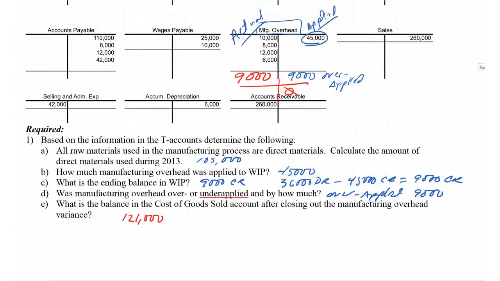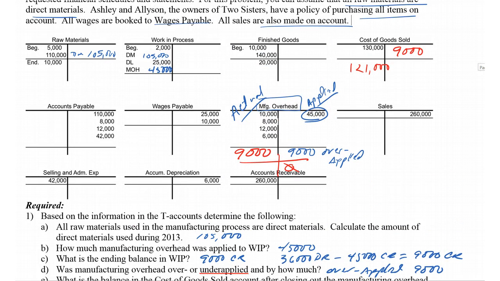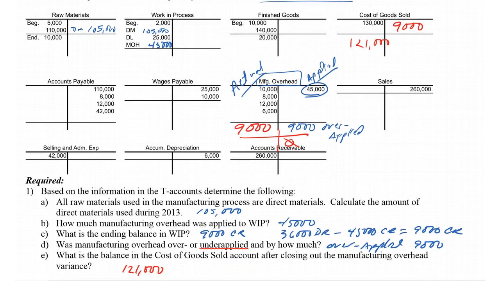Now, that's all there is to this problem, but there's certainly many more questions she could ask, like, for example, how much is cost of goods manufactured? Well, that's the debit to finished goods, so it means it's the credit to WIP.